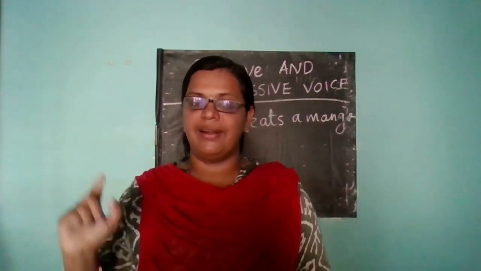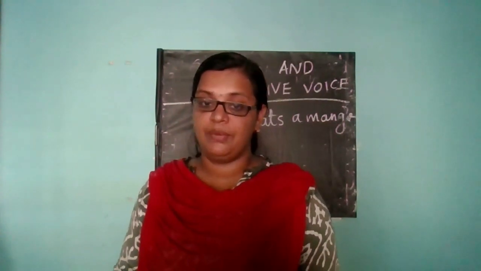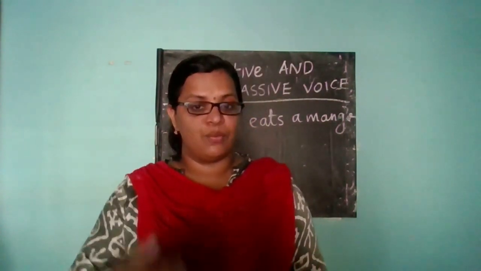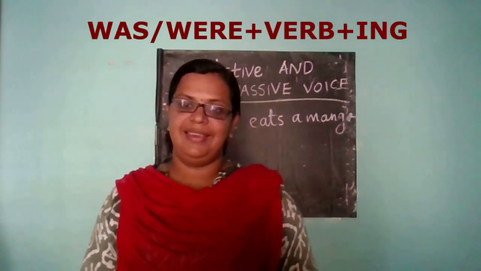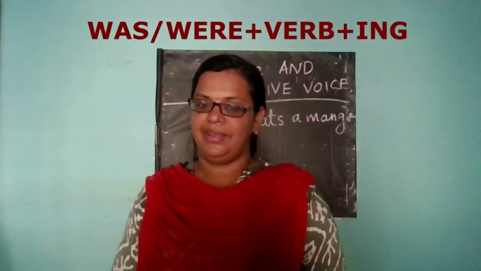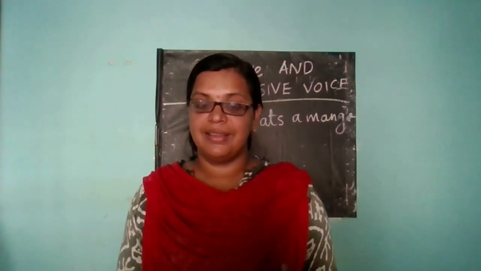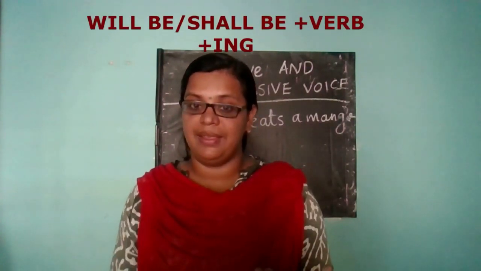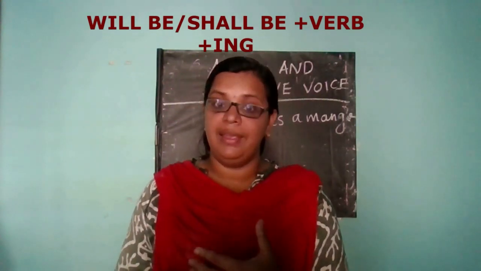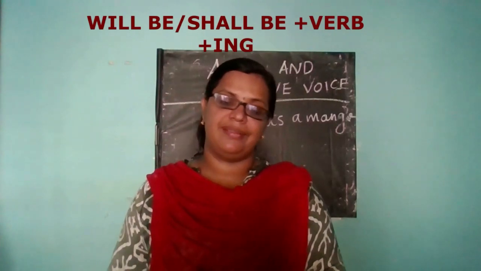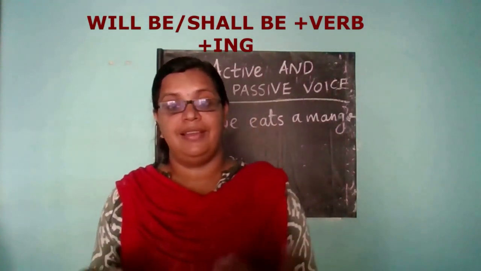What about past continuous? Was or were plus verb plus ing. Then tell me the format of future continuous. Will be or shall be plus verb plus ing. They will be coming next week. We shall be going outside next month.